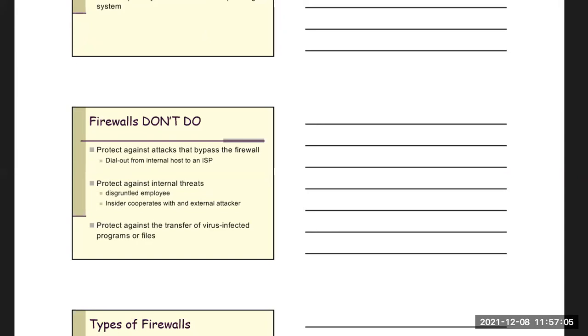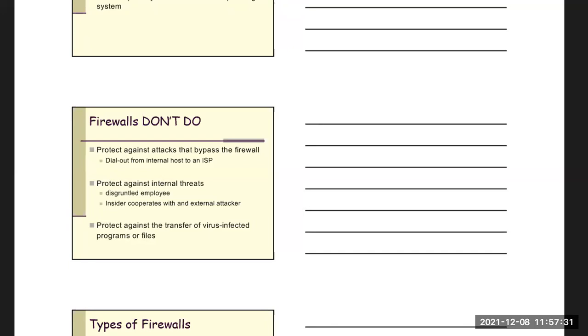The firewall will not be able to restrict attacks that bypass the firewall. Sometimes attacks that bypass the firewall cannot be solved. It's like the problem of dial-out from an internal host to the internet service provider, or some internal threats.